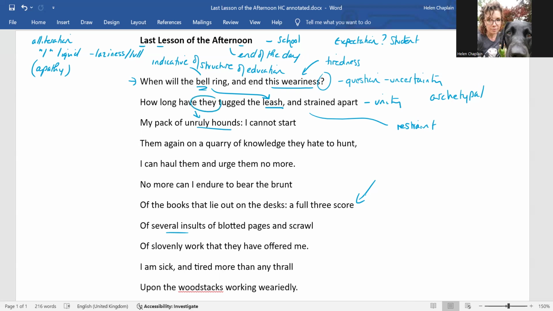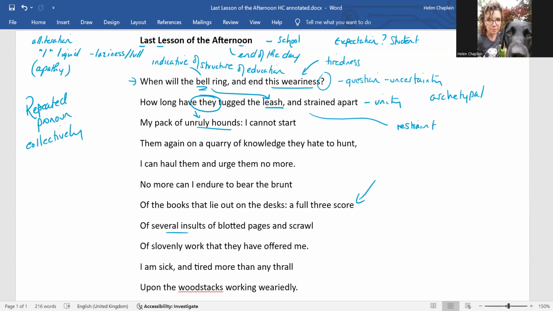He refers to this they, and a lot of the time this repeated pronoun and the anonymous nature of that pronoun says he doesn't view these students as individuals. He views them collectively as a group. It's just the students, this group who are doing this. They're not seen one by one anymore.